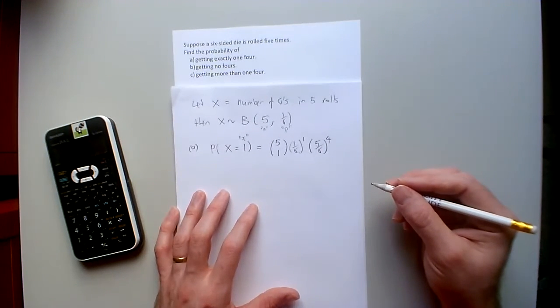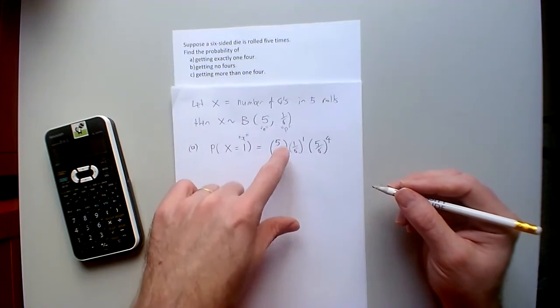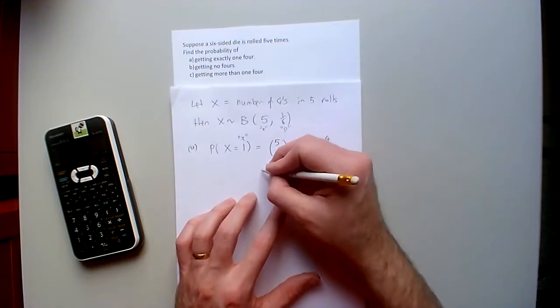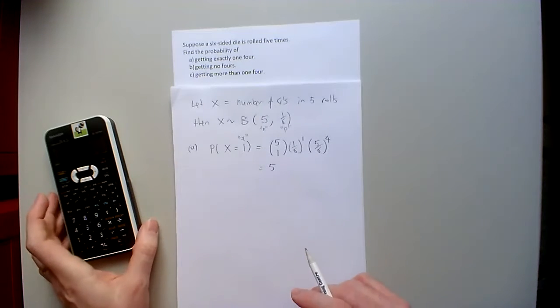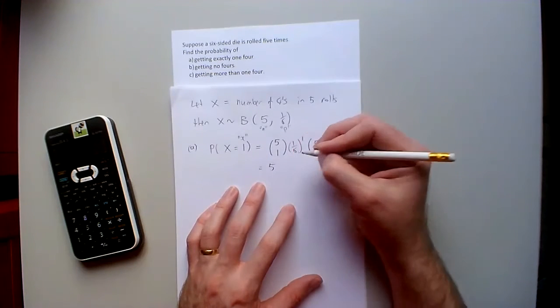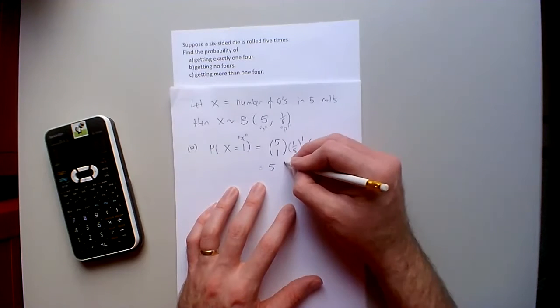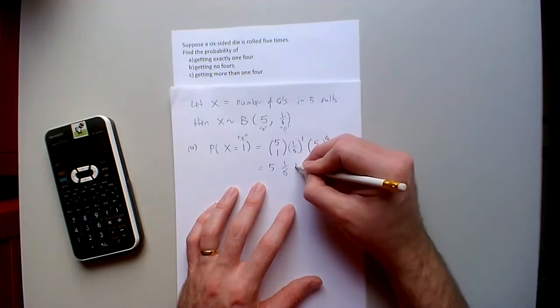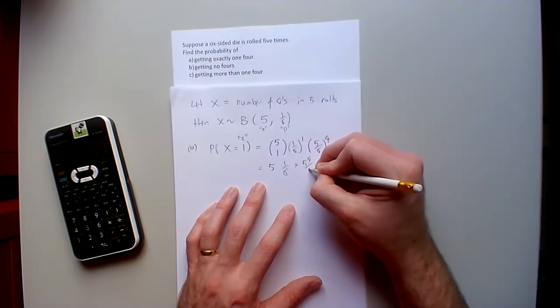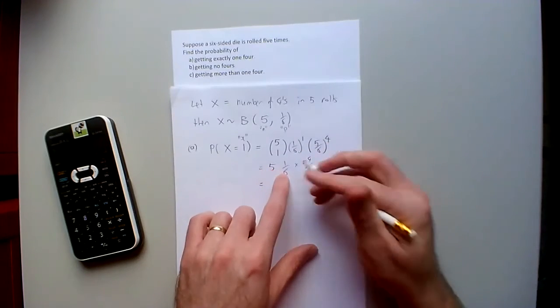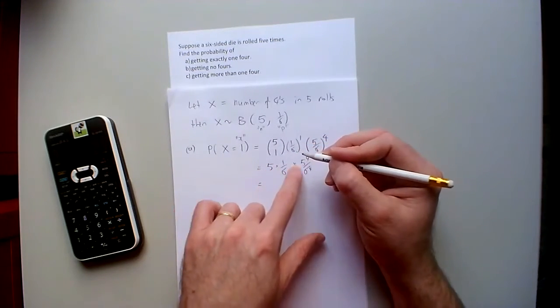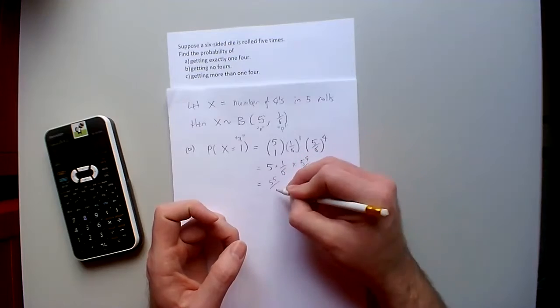Now 5 choose 1 is the number of ways to choose one thing out of 5, so that's 5 ways because there's 5 things that you could choose. And that's 1/6 times 5 to the power of 4 over 6 to the power of 4. So I get 5 over 1, technically 5 to the power of 5 over 6 to the power of 5.